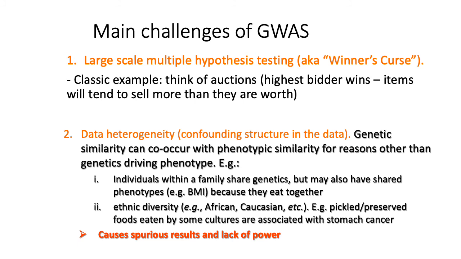And so these hidden confounders basically cause spurious results. You'll get false positives, SNPs looking like they're associated with a phenotype when they're actually not. And you also end up with lack of power, in the sense that sometimes when you don't correct for these hidden confounders, you actually lose power to detect real SNPs.